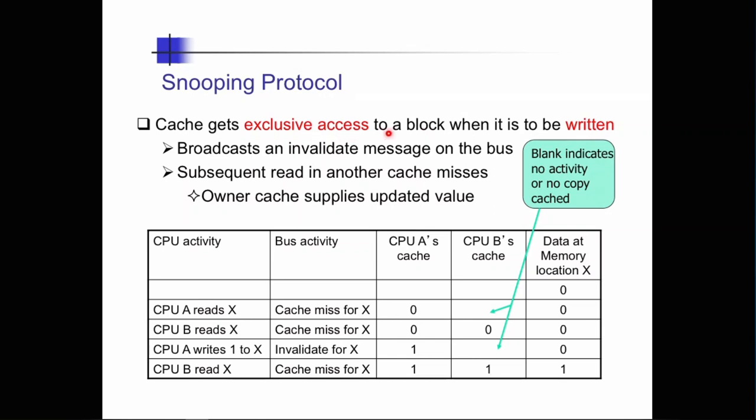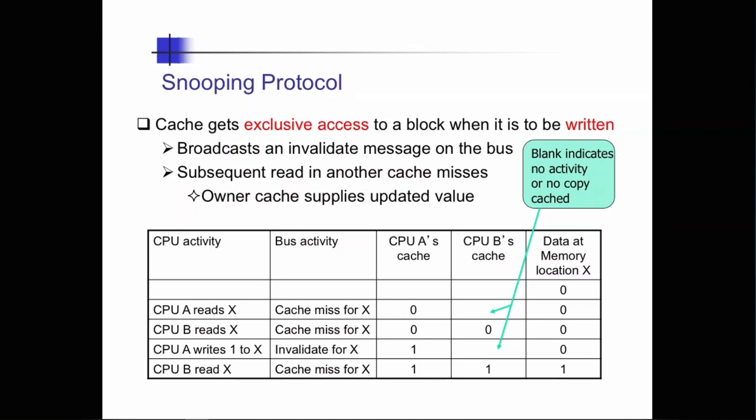So if it gets access to a block, it means that it is getting access to all the words in that particular block, so that nobody else can write to it. And then once that happens, it broadcasts an invalidate message on the bus. This is essentially done to let all the other processors know that the copy that they might have for that particular block is now invalid. So that broadcast helps with that.